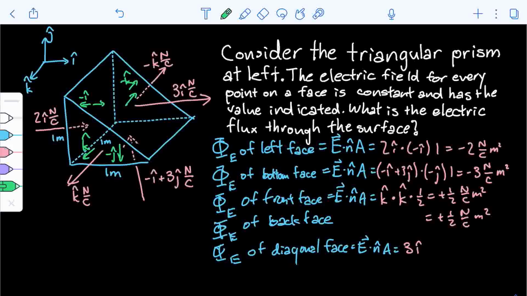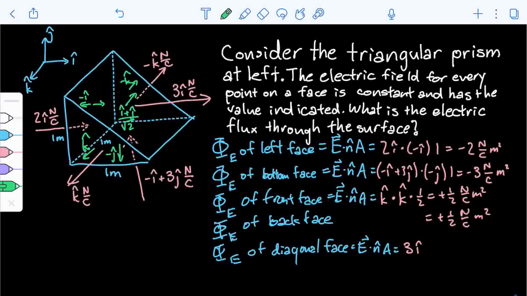It's not going to have a k component because this plane doesn't change in the k direction. So instead, it's going to be along the direction of i hat plus j hat. But this isn't a unit vector. To make it a unit vector, we divide by the magnitude of i hat plus j hat, which is square root of 2. And that gives us a unit normal vector.